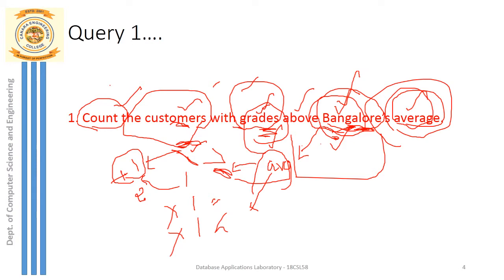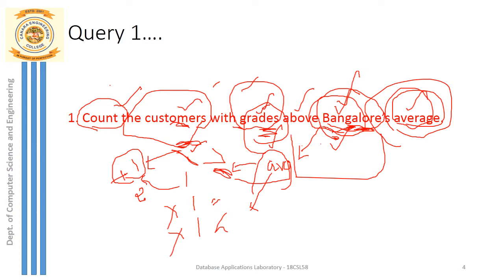Once I get those rows, a limited number of rows belonging to Bangalore city, I'll extract from those rows the grade values and calculate the average of those grades. So here I am going to retrieve only those rows where the city value is equal to Bangalore, and then calculate the average of the grades there.